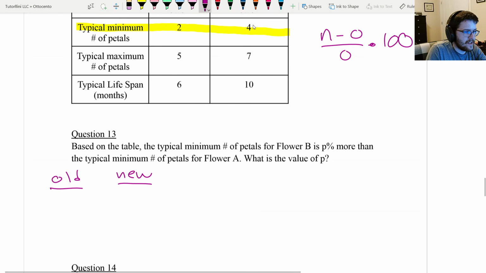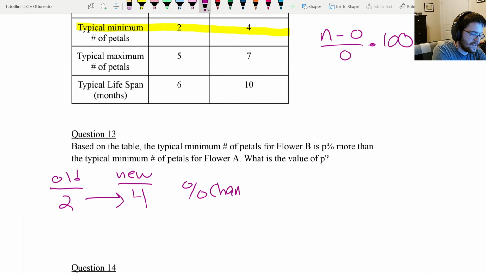So flower B is 4, so that should go on the right. And flower A is 2. Okay, if I go from 2 to 4, am I getting bigger? Yes, I am. All right, so percent change is 4 minus 2 over 2 times 100.